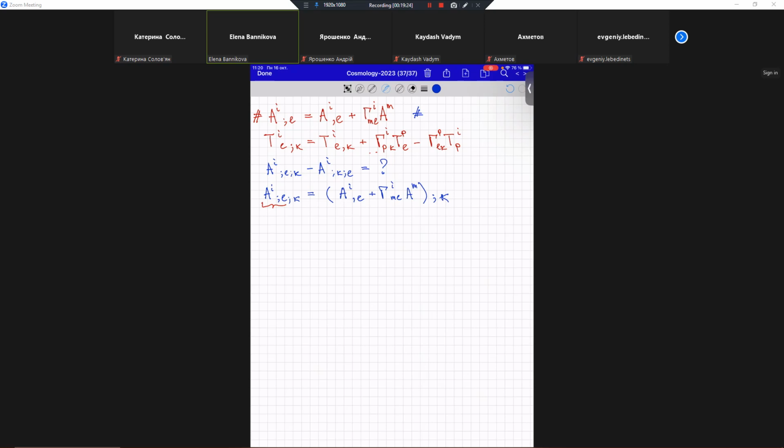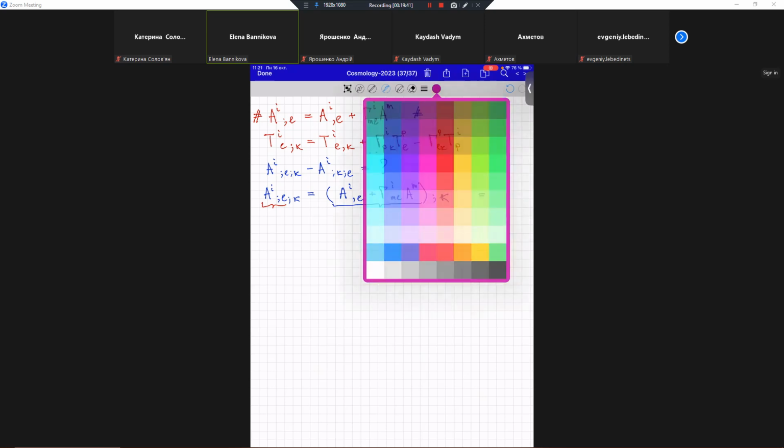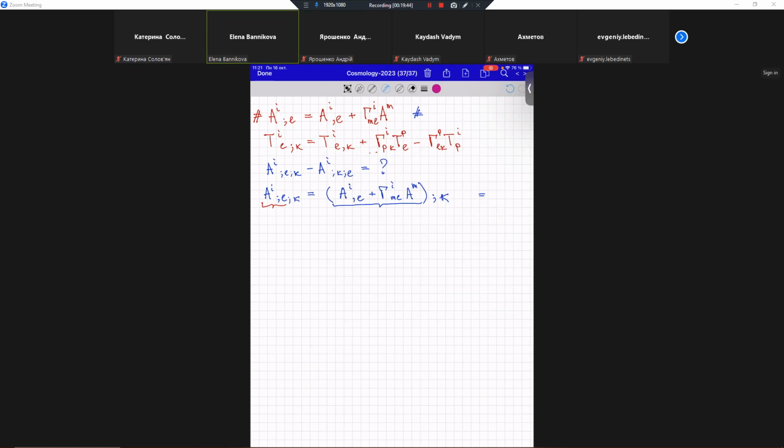So, and after this, since finally here we have a tensor of the second rank, okay, because after applying the operation of covariant differentiation to the vector, we finally obtain the tensor of the second rank. So we can consider this one. I will put here an arrow.